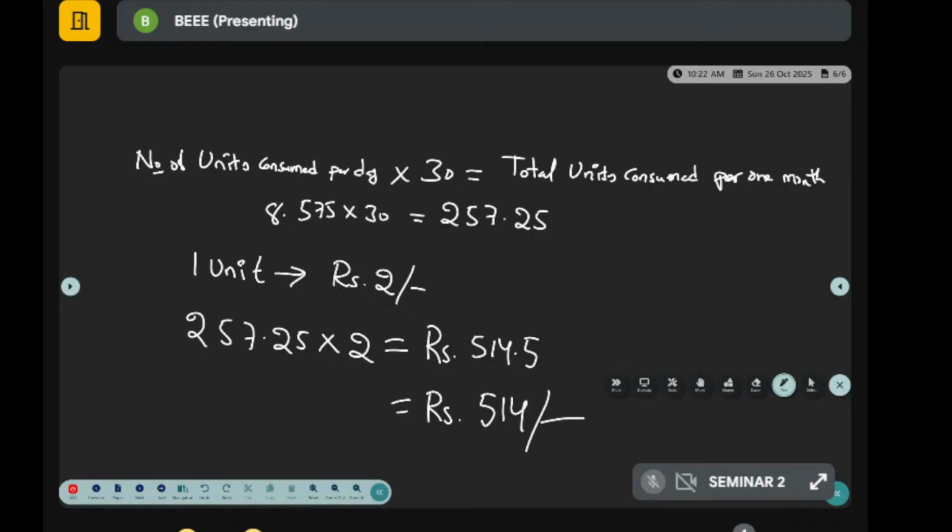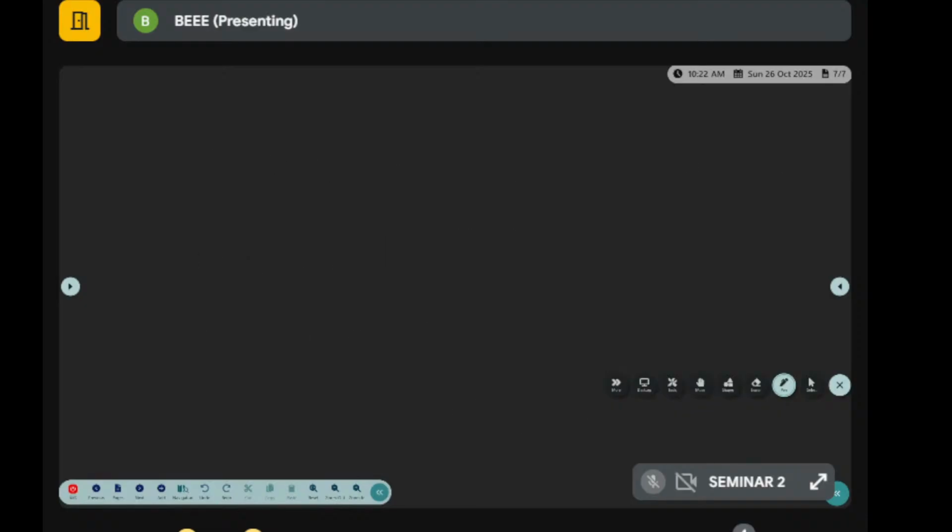They will add two more charges. In this problem it is not given, but in general they may add two or three more charges.